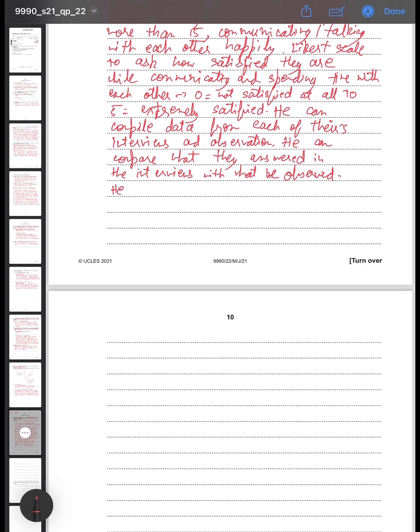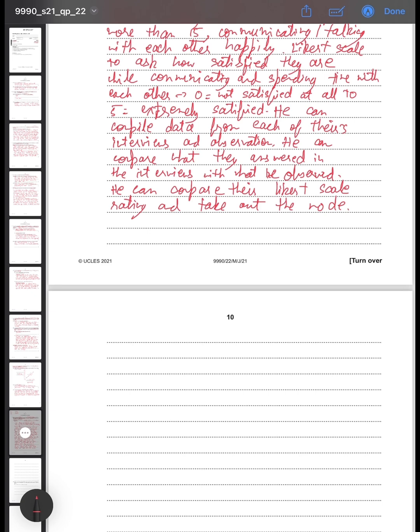And then he can also compare their Likert scale ratings and take out the mode, the most repeated value, the frequency.